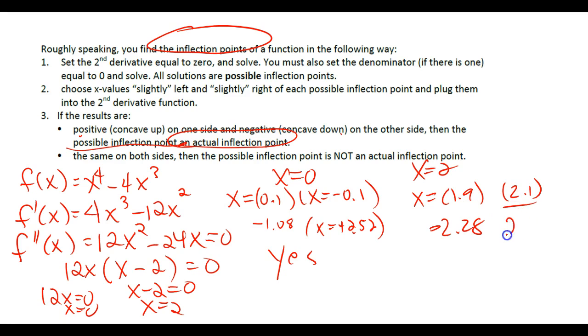That gives me a 2.52. Yeah, this was negative. So yes, that's an inflection point. As long as it changed signs from concave up to concave down or the other way around, it changes concavity, okay? He doesn't give you the vice versa here, but he should, okay?